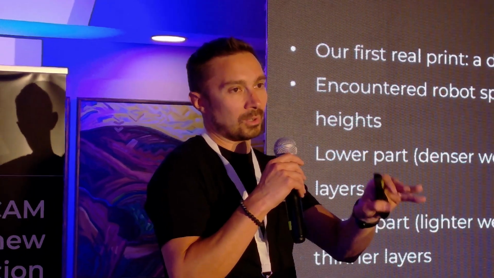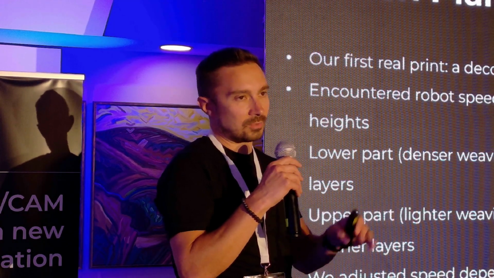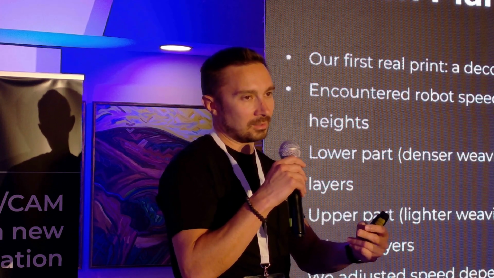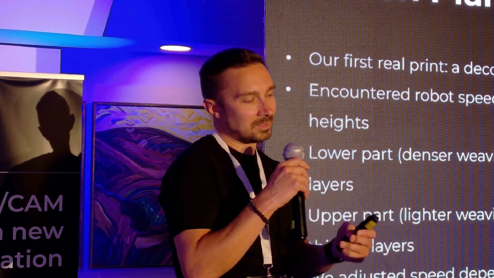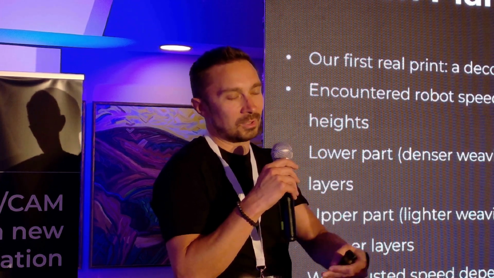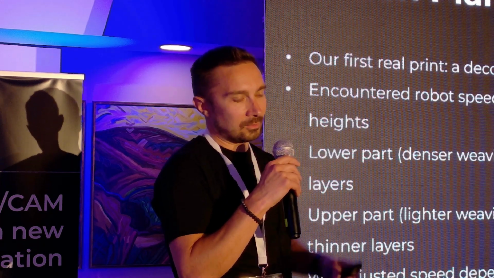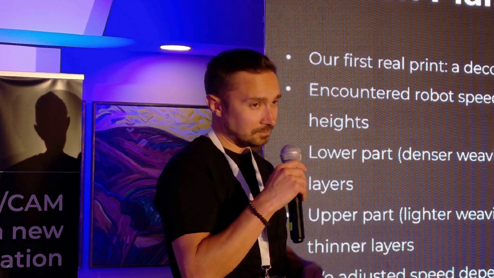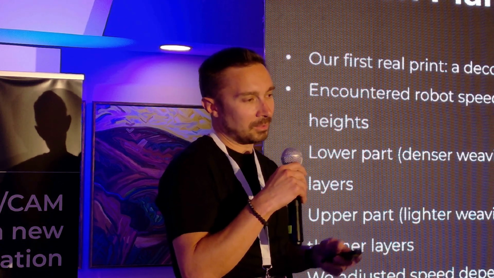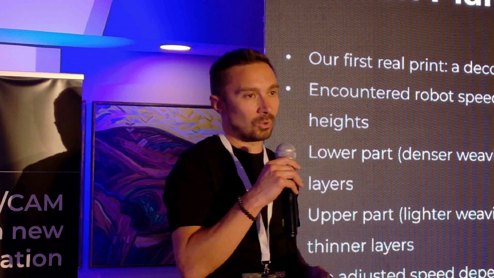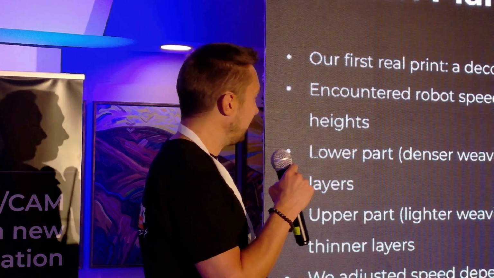For this particular case, I made some changes to the post processor to adjust speed from top to bottom, and we start with a higher printing speed and then decrease the speed of the robot when we come to the top part of this planter. In this case, we were able to print more or less consistent thickness of layers.